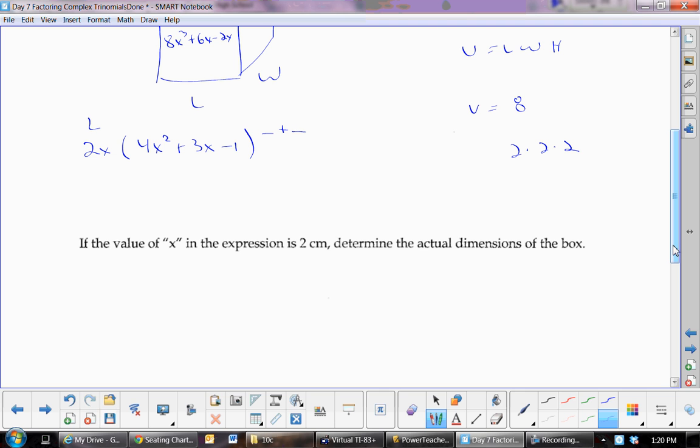What two numbers add to 3 and multiply to negative 4? So what are my signs? Positive and a negative. So plus 4, minus 1.